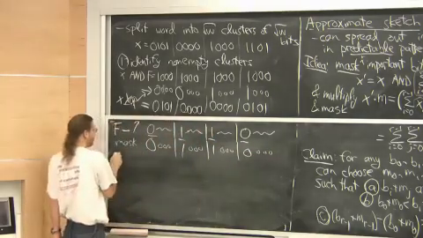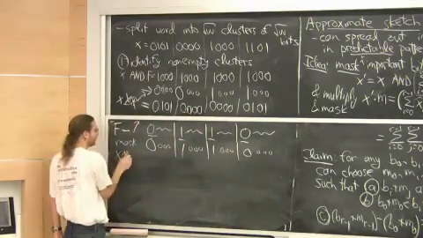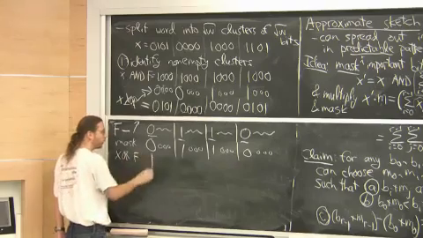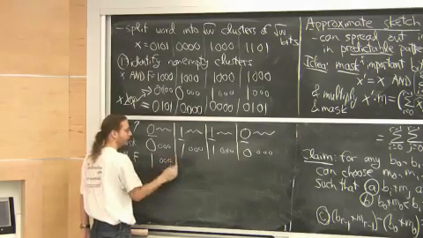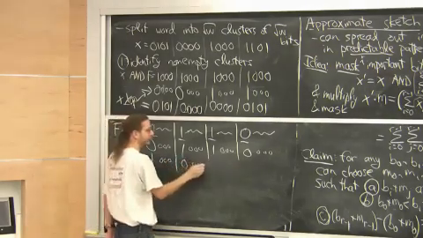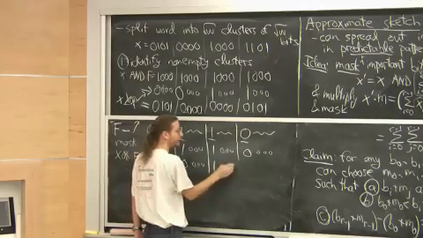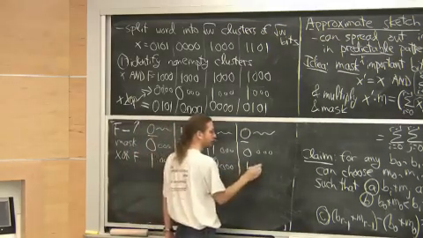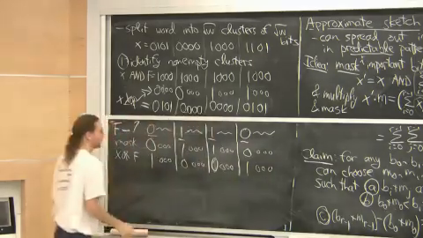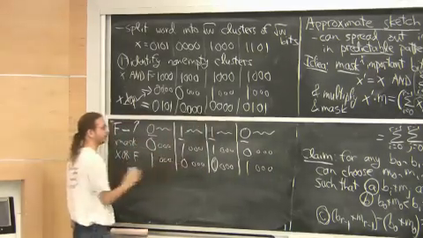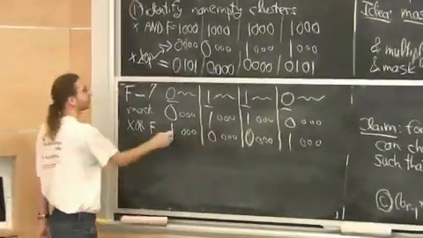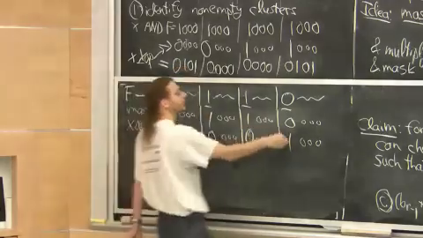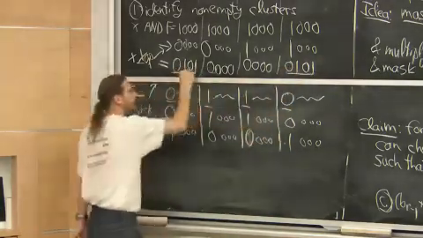Then I do an XOR with F, because I really want 1 for these guys and 0 for these guys. 1 means it's not empty, 0 means it's empty. Got that right? So I'm just inverting the 0 bits to 1 bits and vice versa. So 1 means this was not empty, 1 means this was not empty.